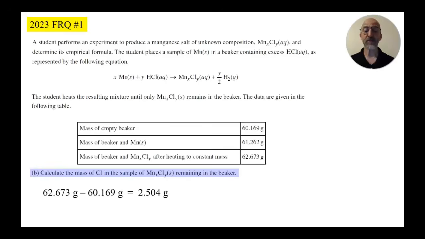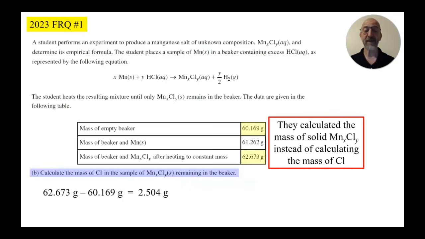Well, they took 2 numbers from the table and they subtracted them, and they got 2.504. Can you see what they did that was incorrect? They picked 2 numbers from the table, but unfortunately they picked these numbers. Those numbers would be the mass of the empty beaker and the mass of that solid manganese chloride compound at the end of the experiment.